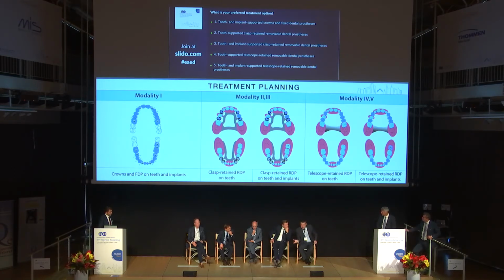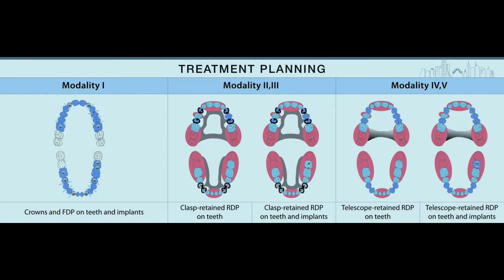If you're being very aggressive, then you remove the teeth that you feel are going to be poor prognosis and you go for the implant option. But I certainly wouldn't like to place a removable clasp-retained denture in this patient. Maybe a telescopic would be preferable to that, but I'd certainly go for a fixed solution if I can.